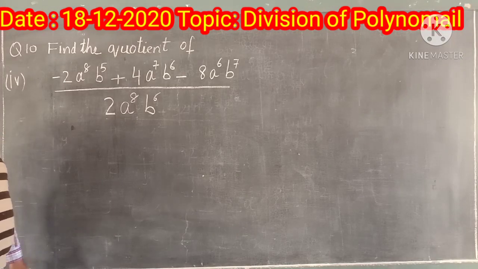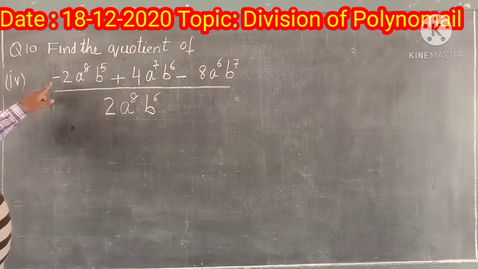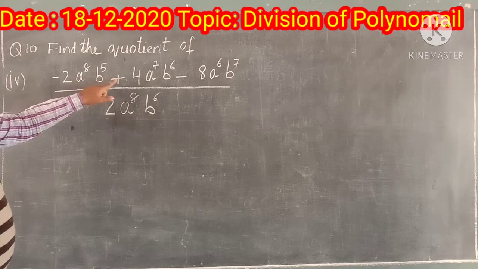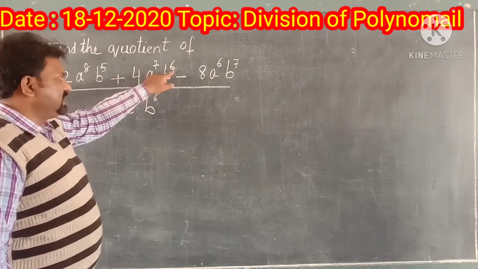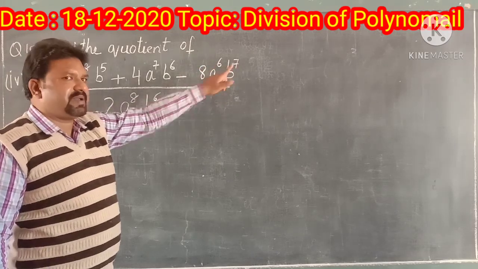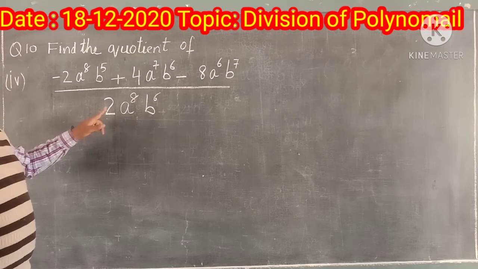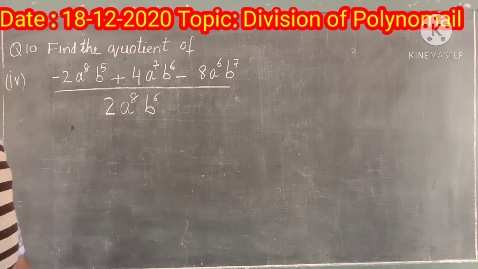So now we will solve its fourth part: minus 2a^8 b^5 plus 4a^7 b^6 minus 8a^6 b^7 divided by 2a^8 b^6.